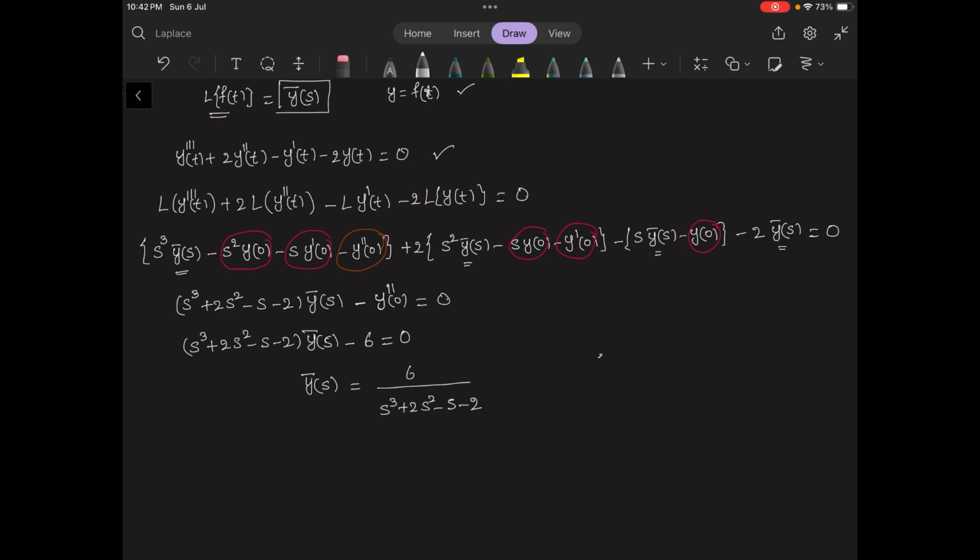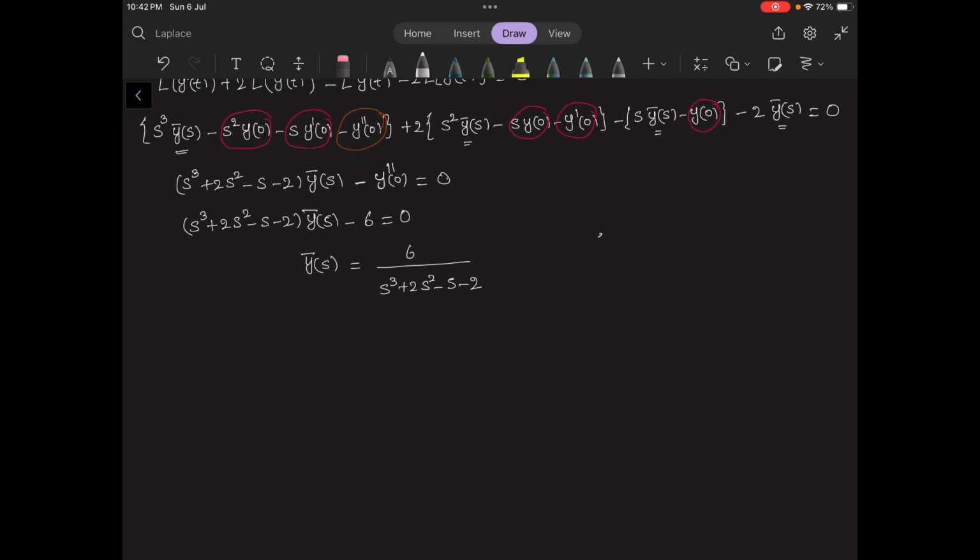So this is the value which we got. Now take this as equation 1. Consider 6 divided by s cube plus 2s square minus s minus 2. Now I am going to simplify this term.